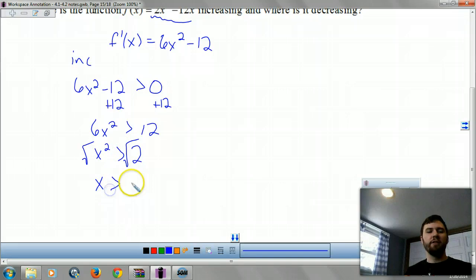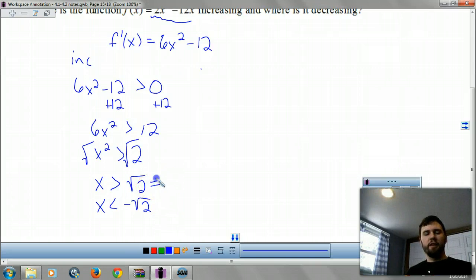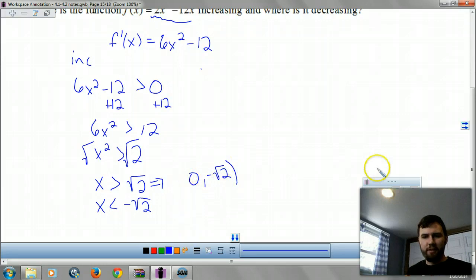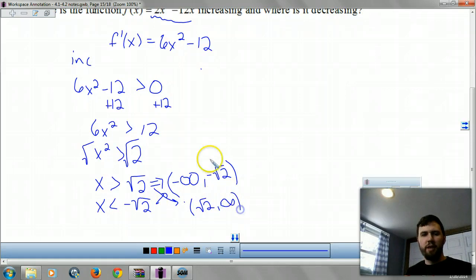So x is either greater than square root of 2, or x is less than negative square root of 2. If we convert this to interval notation, it's from negative infinity to negative square root of 2, and from square root of 2 to infinity, we are increasing.